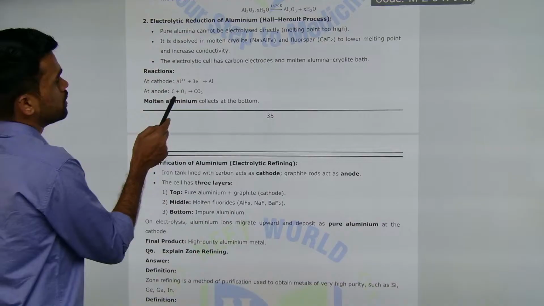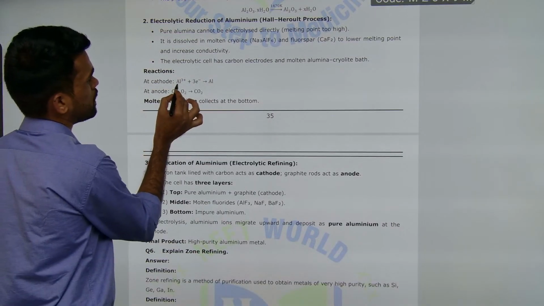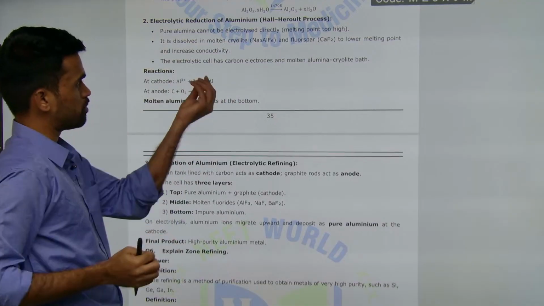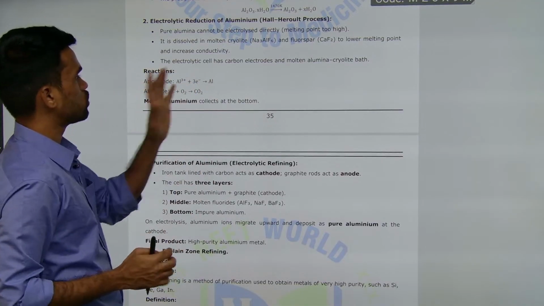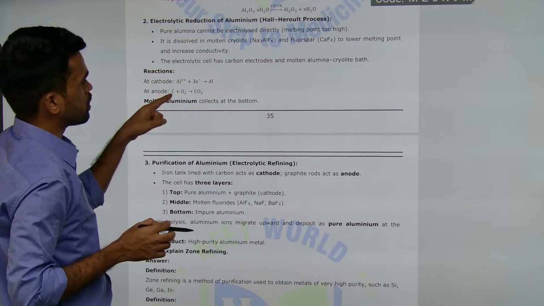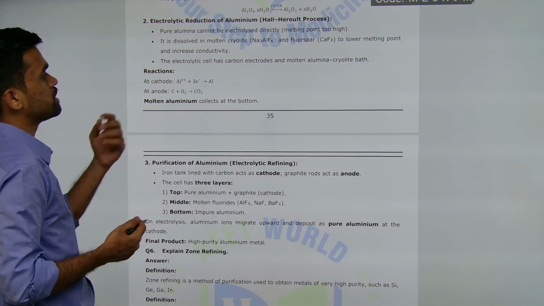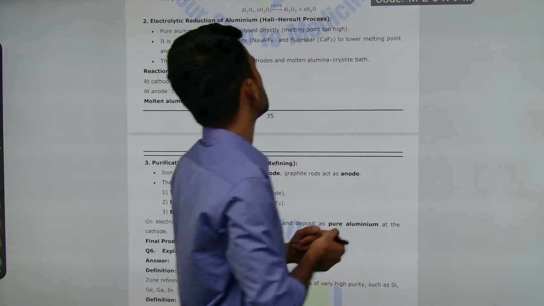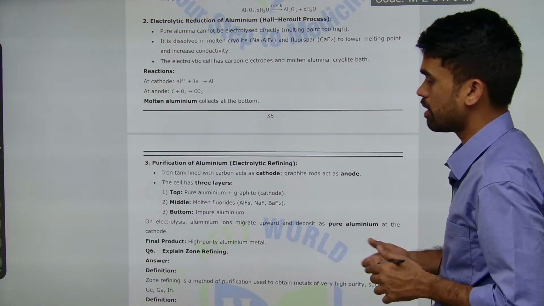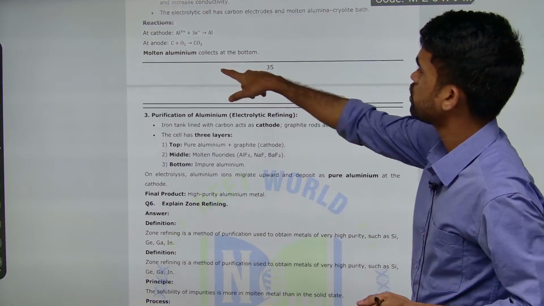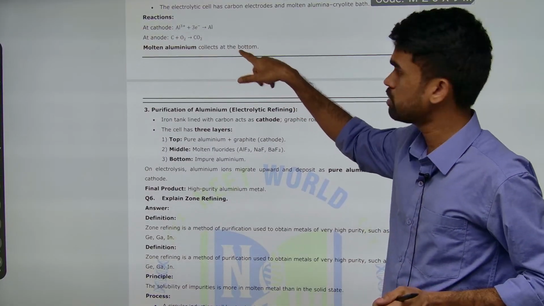Al3+ from alumina is converted into Al, so our metal is forming. At the anode, the carbon is converted into carbon dioxide. This is the Hall-Héroult process. You can collect your molten aluminium at the bottom during the process.